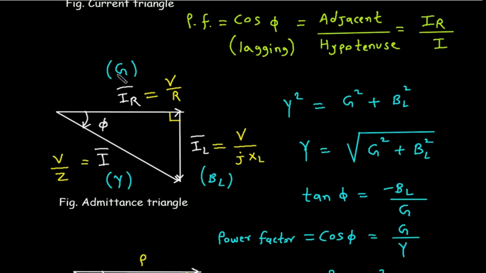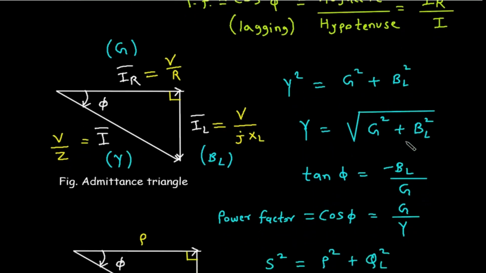So this will be conductance G, this will be inductive susceptance BL, and this will be admittance Y. Now again this is a right angle triangle. So using the Pythagoras theorem, Y square is equal to G square plus BL square. So from this, Y is equal to under root of G square plus BL square.